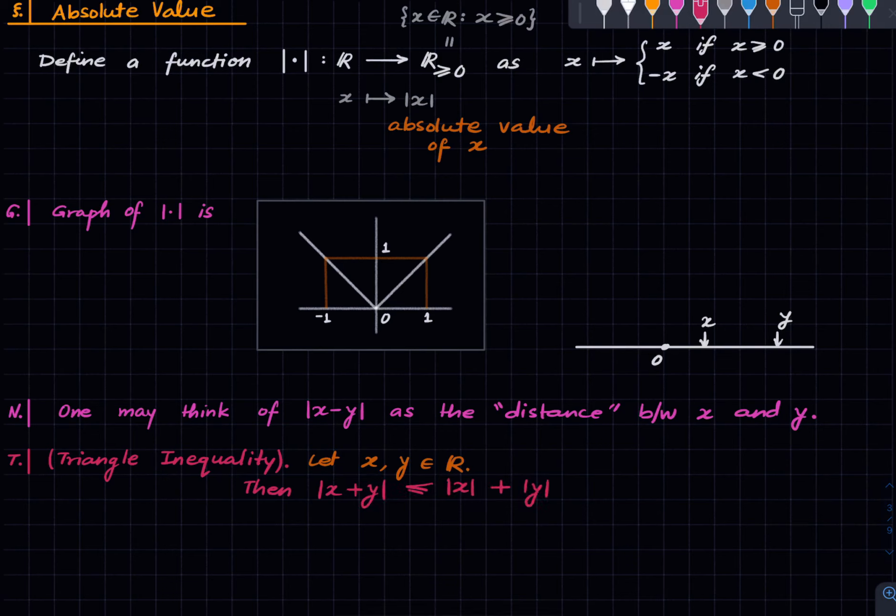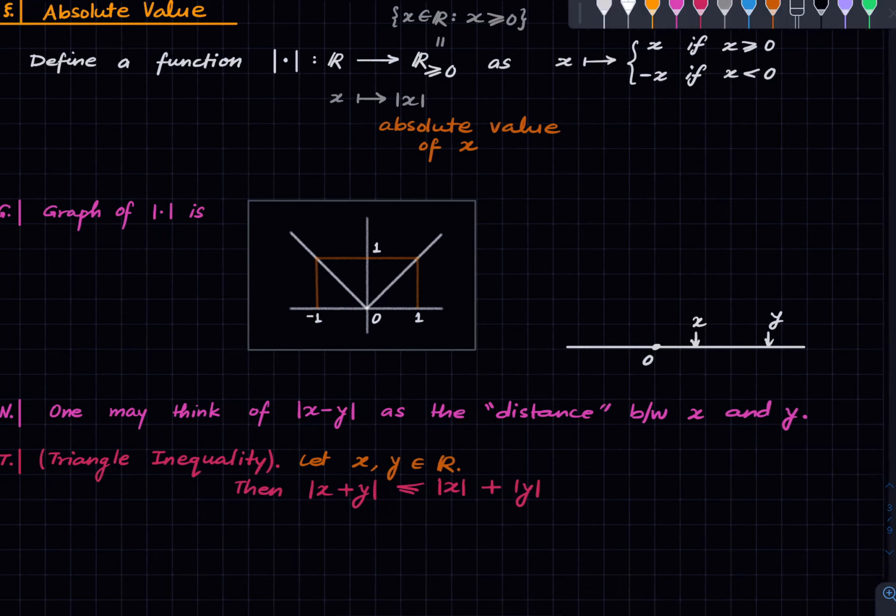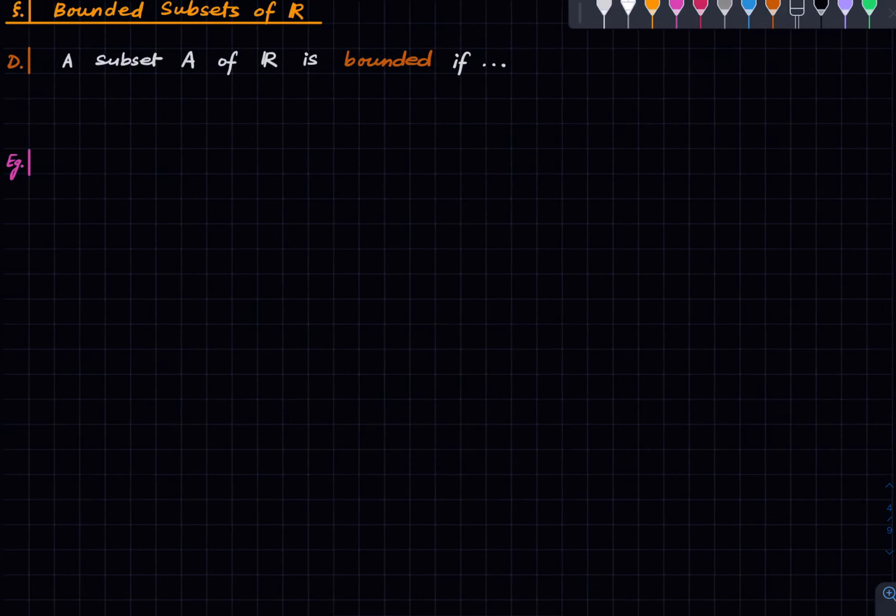There's a reason why this is called the triangle inequality, but let us not get into that. This is what it says, and you can prove it as an exercise. All right, so this is just a quick recollection of the absolute value function. And now we need to define one more concept.